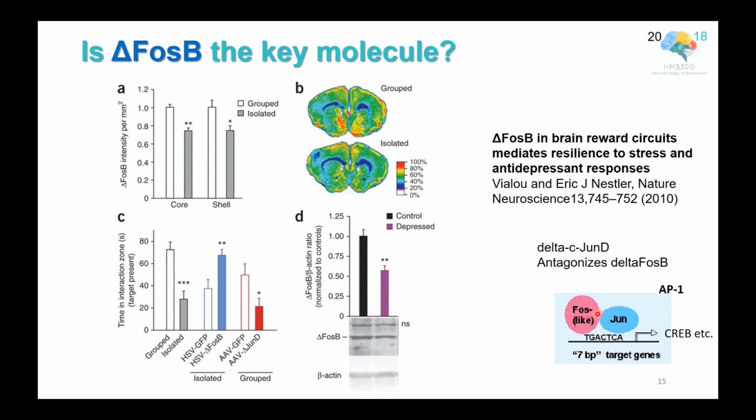And so delta JunD actually blocks delta FosB from working and forming this transcriptional activator. And this is the proposed mechanism by which delta JunD, the bar in red, lowers delta FosB function: it's blocking it by directly antagonizing it, binding it, so it can't work as a transcriptional activator.